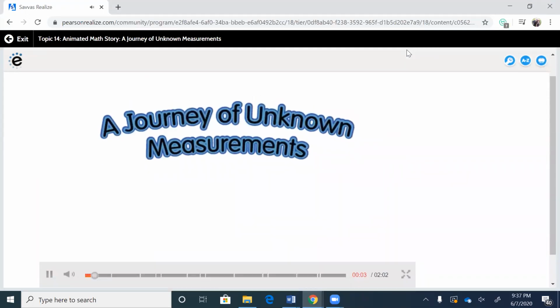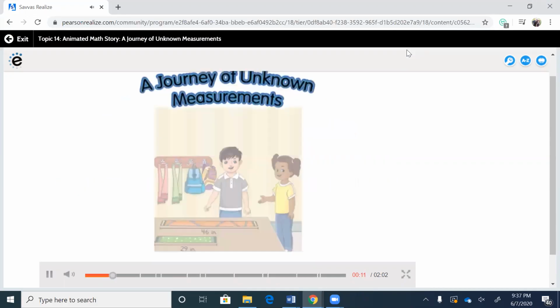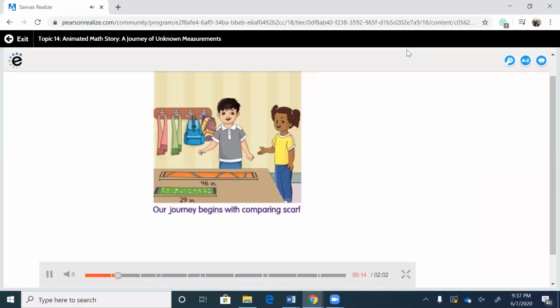A Journey of Unknown Measurements, written by Jeff Willis, illustrated by Danish Samat. Our journey begins with comparing scarf lengths.